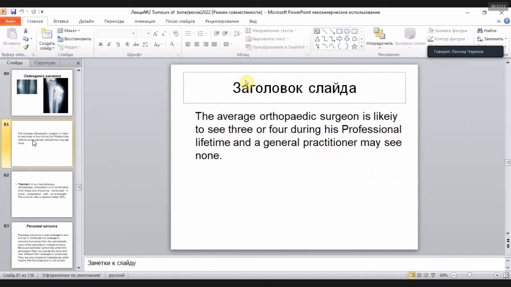The average orthopedic surgeon is likely to see 3 or 4 during his professional lifetime, and the general practitioner may see none.